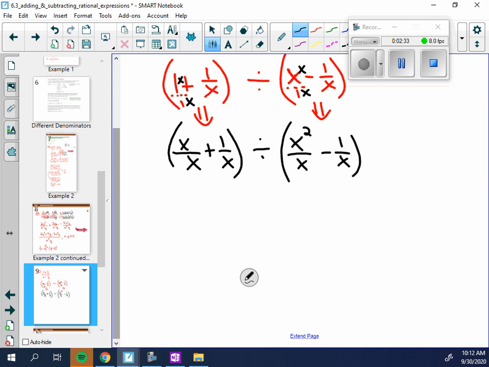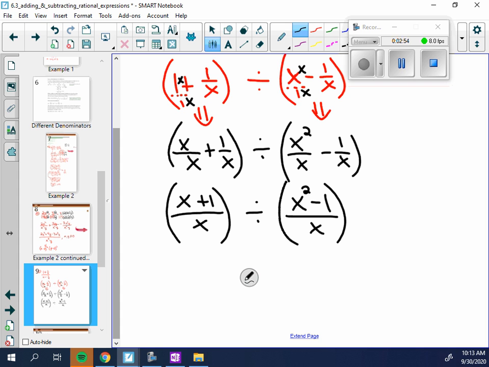Common denominators here, do you see that? So we can add our numerators, x plus 1 all over an x. So now I have a single fraction. I don't have a fraction inside of a fraction, I have a single fraction. Okay, what about this guy over here? Well, add or subtract my numerators depending on what it says. Okay, so there's that fraction: x squared minus 1 over x.